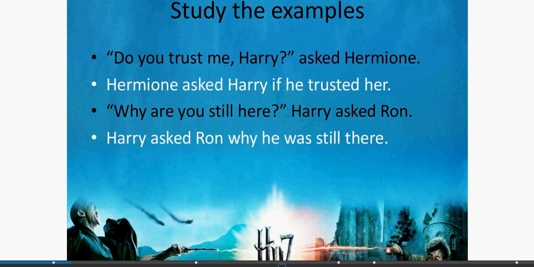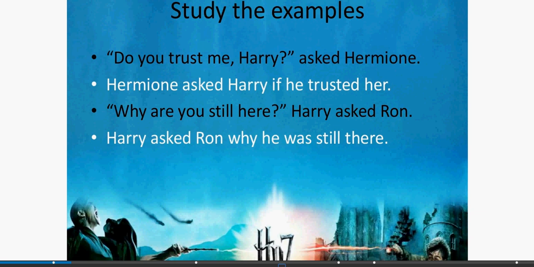Another type of question is called the WH question, with why, what, where, when, and so on. "Why are you still here?" Harry asked Ron. So we start with the speaker, the one who asked the question, Harry, then the reporting verb asked, then the one who was addressed in the question, Ron.